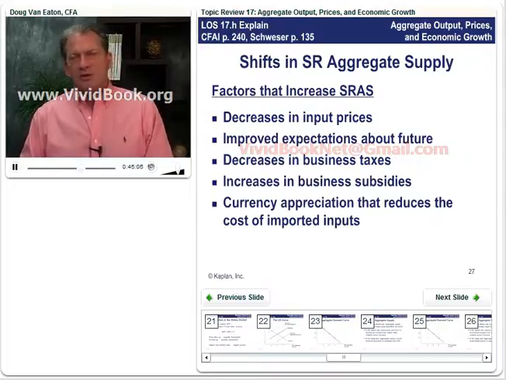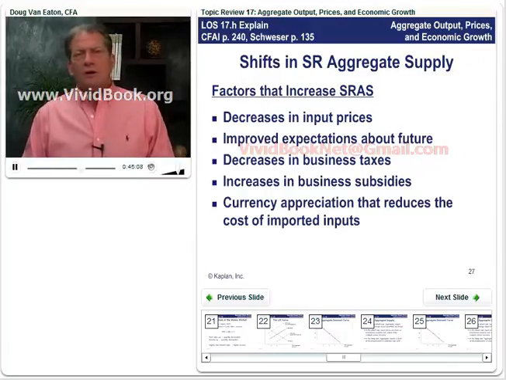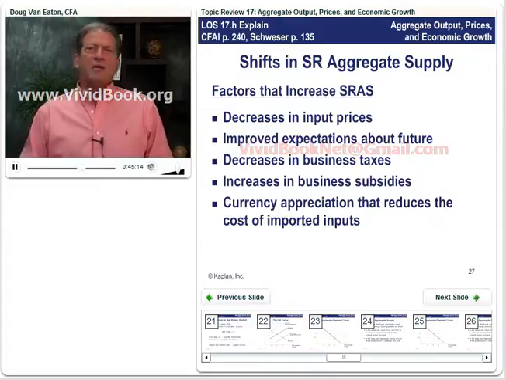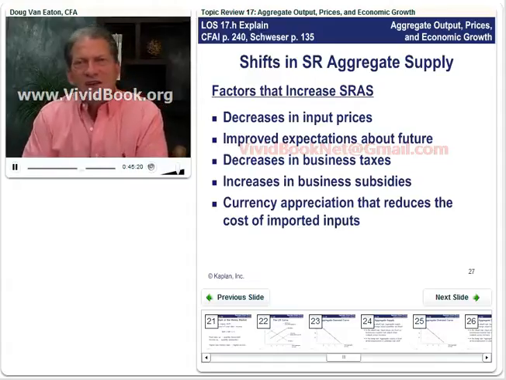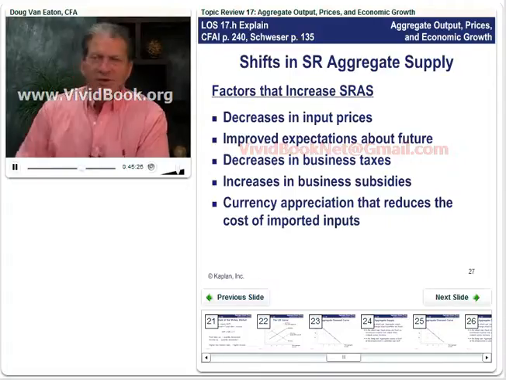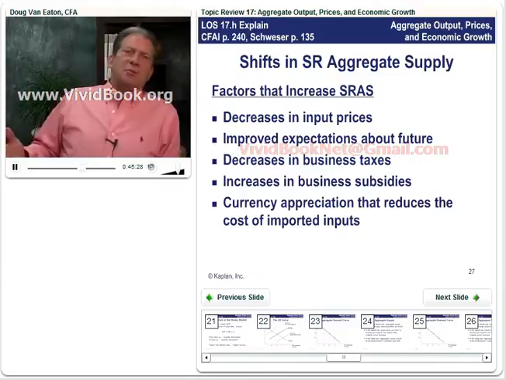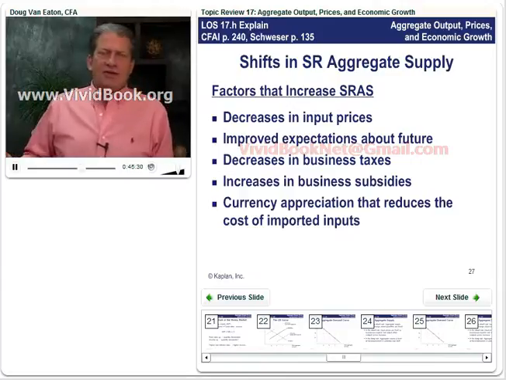They want to expand. Increases in business subsidies certainly would make a business want to expand and want to sell more. If the government says, you know those things you're selling? Yeah, we'll give you $10 every time you sell one. We say, well, great. I can lower my price and sell more and make more profits. And currency appreciation reduces the cost of imported inputs.